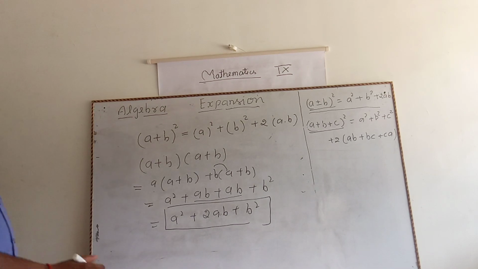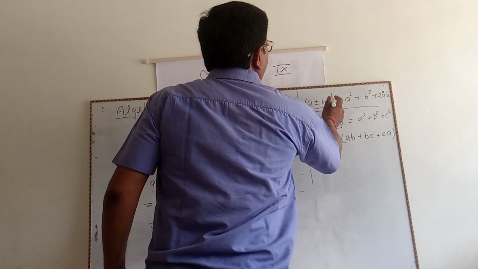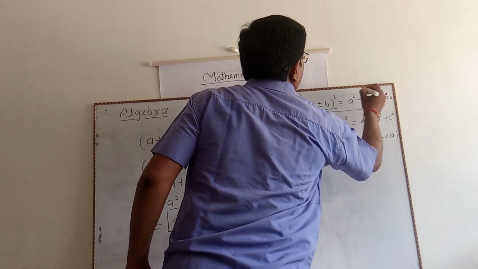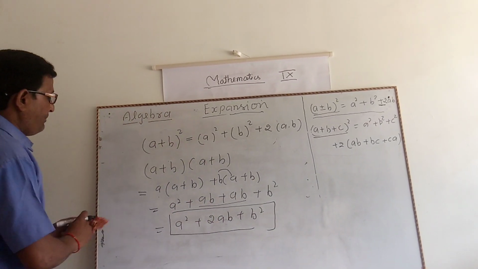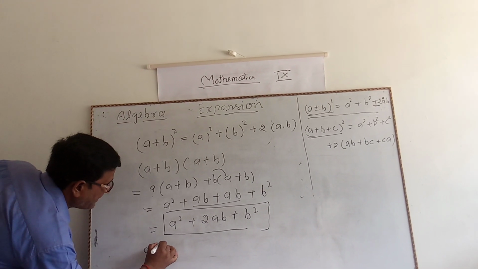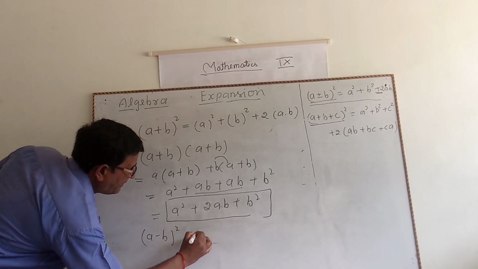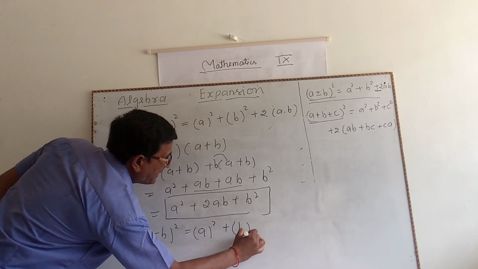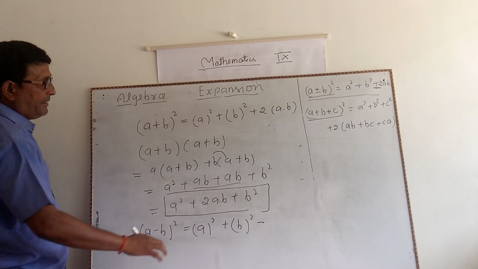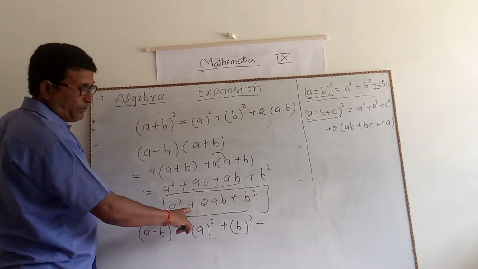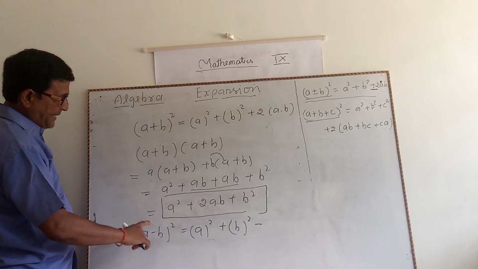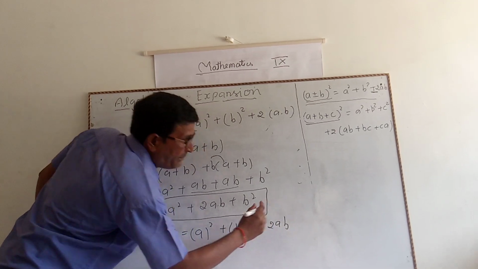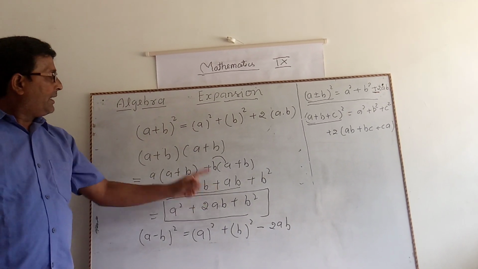Similarly, we can use a minus b whole square. The same identity will be here. a minus b whole square has the same result: square of the first term plus square of the second term, but remember that in the case of plus there will be plus 2ab, and in the case of minus there will be minus 2ab, because you make a lot of mistakes only in the sign.